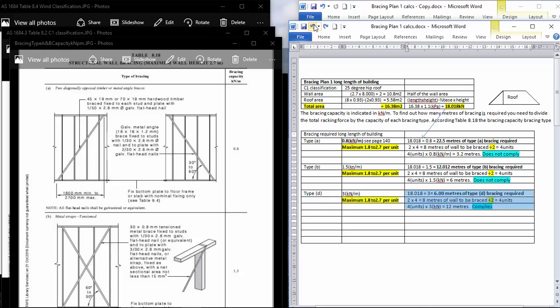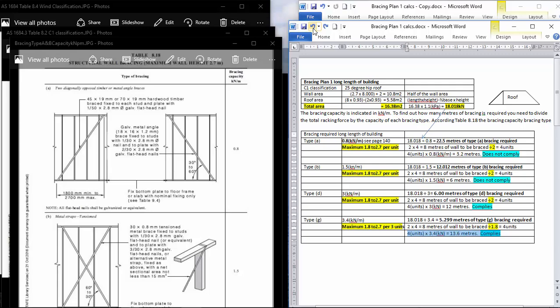We go through the same process and we find that it complies. Then we go to type G. The same process again, except this time instead of dividing by 2, we divide by 1.8 because that's the 2 sheet supply. We complete the calc and we find that it complies.